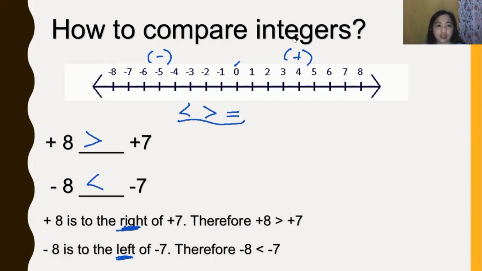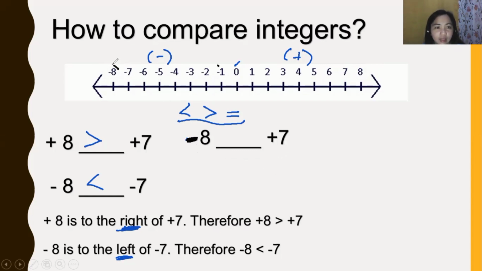Let's have another example. We have positive 8, and gawin na lang natin itong negative 8, sorry. It should be negative 8. Negative 8 and positive 7.